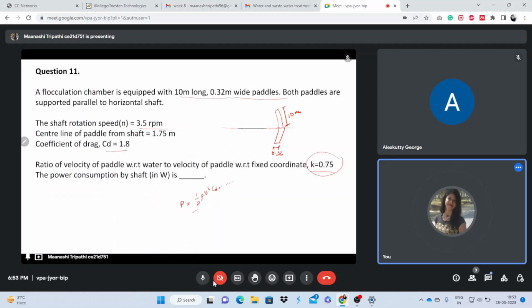This is the area of the paddles. Actually, this diagram will be something like this. This is the paddle. Two paddles will be there. This is 10 meters, this will be 1.75 meters, and the width is 0.32.